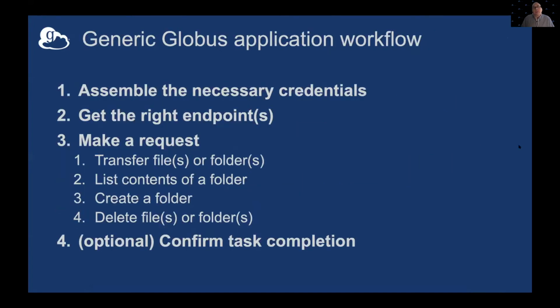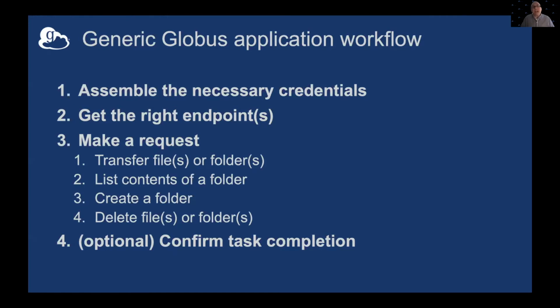So the generic workflow for doing this in a web application or a science gateway would be, first of all, to assemble whatever credentials are going to be needed to do the transfer. Then identify the right endpoints. And as Vas showed you, in Globus, when you're using the SDK, or even if you're using the CLI, endpoints are defined or named via a UUID, which is kind of a machine readable string.